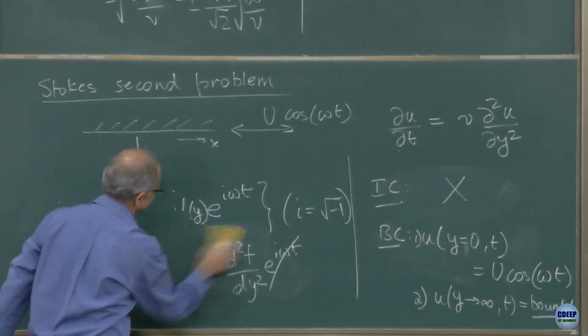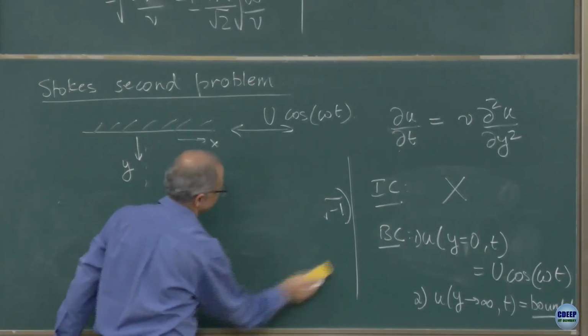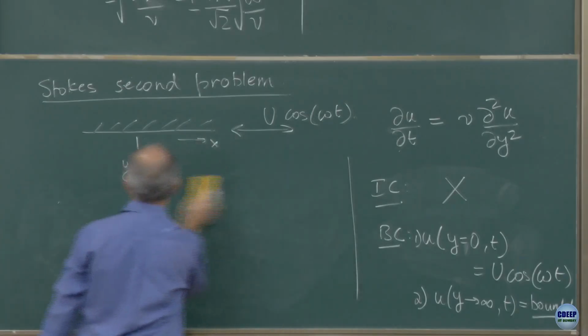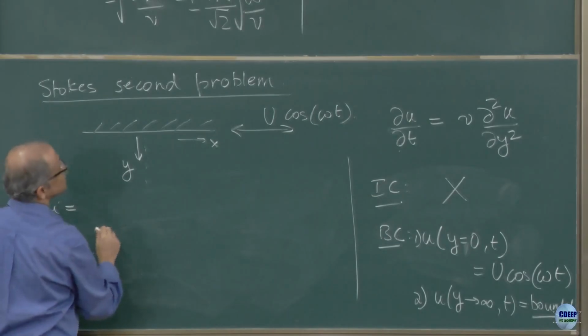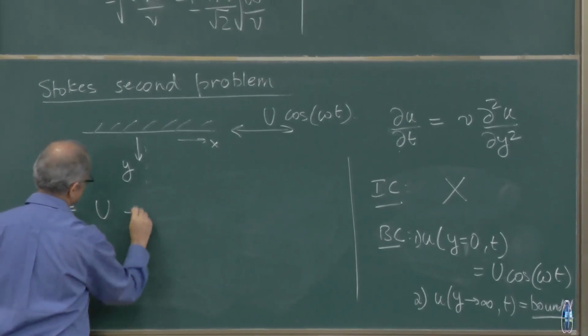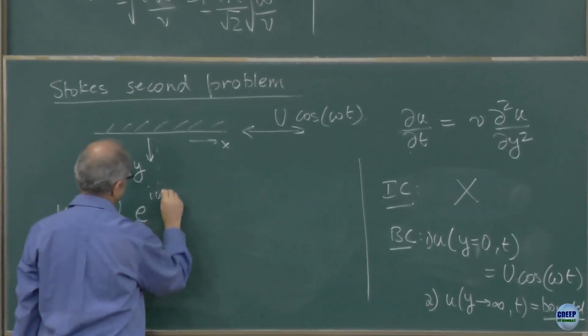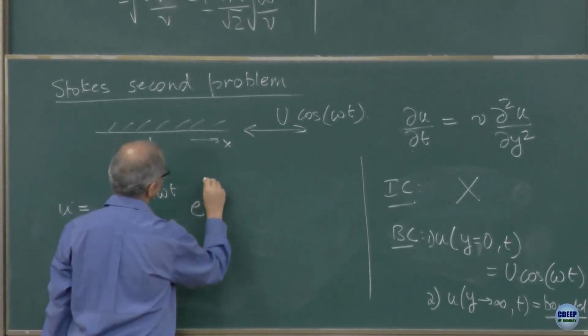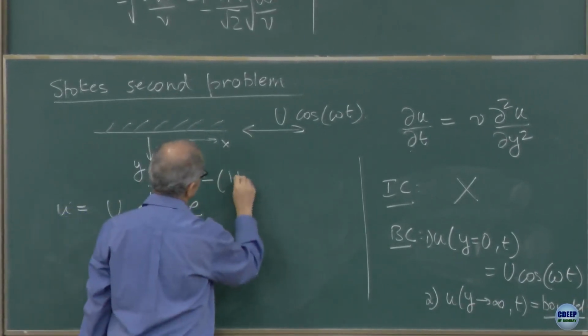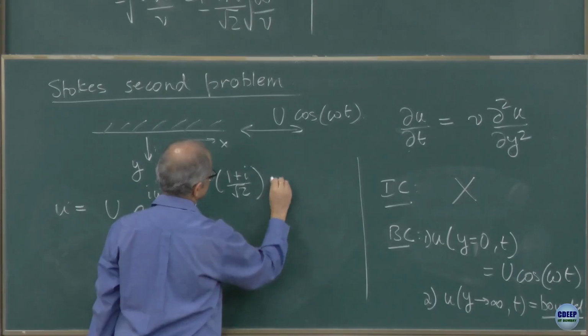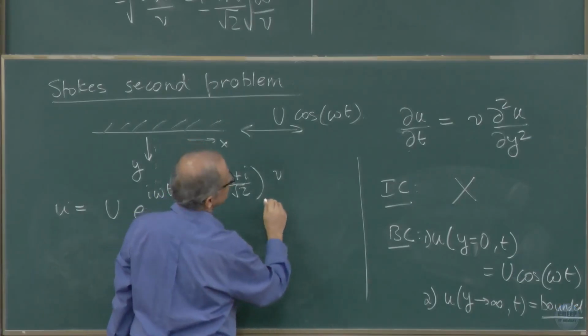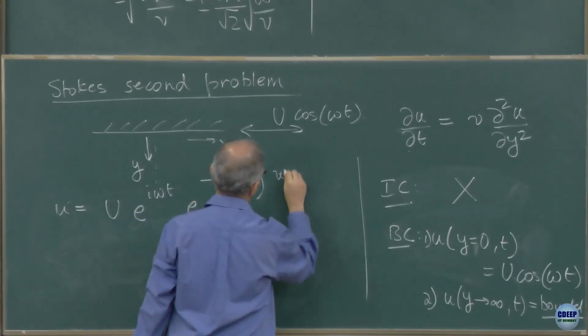So finally what do I get is the solution becomes u is equal to capital U exponential of i omega t exponential of minus 1 plus i upon square root of 2 times square root of omega by nu times y.